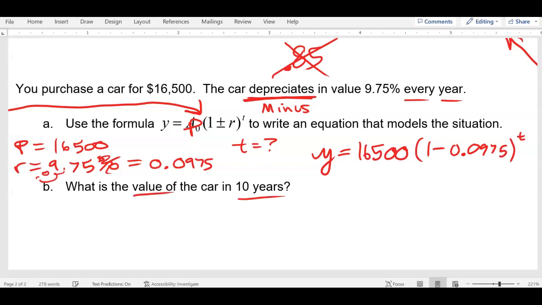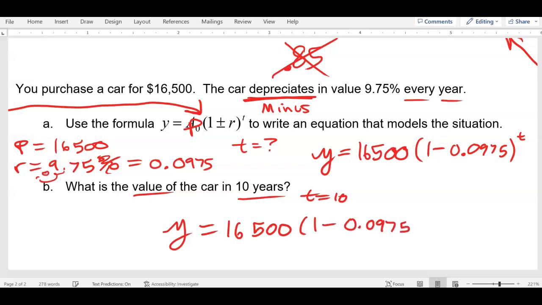So what's the value in 10 years? If t equals 10, then I'm going to plug it into that formula. 16,500, 1 minus 0.0975 to the power of 10 this time.